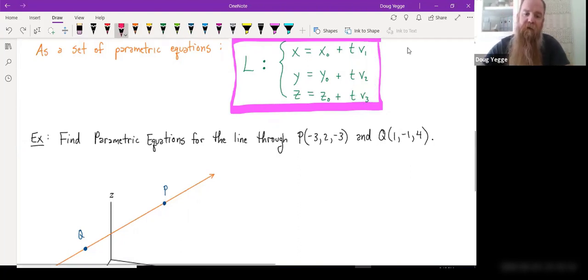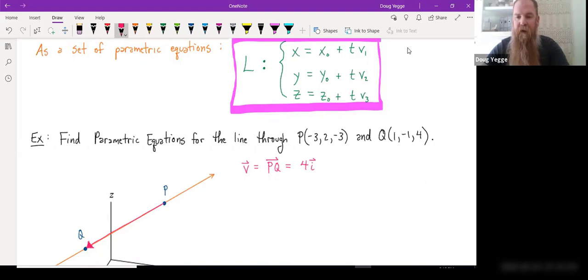But what we can do is recognize that if you're given 2 points, you could find a vector that is parallel to that line, because we just have to find the vector PQ. So let's make that our v. So our v is the vector PQ, which is going to be 1 minus negative 3, or 4i.